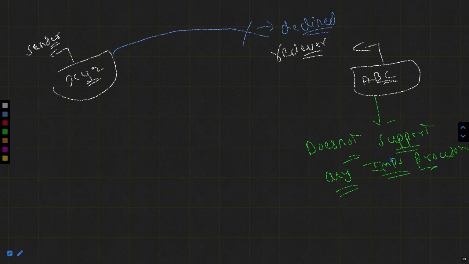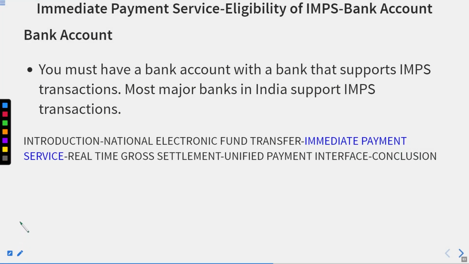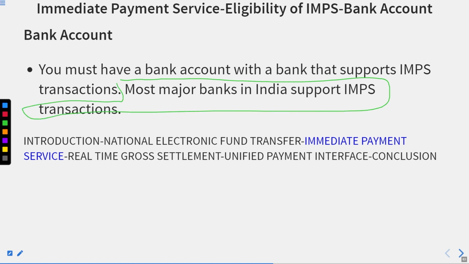If that's the situation, the IMPS procedure will not be carried out. That's why it is advisable that the particular account to which you are sending the money must be enabled for IMPS. If it is not enabled, then the transaction could not be carried out. But fortunately, most major banks in India support IMPS transactions.